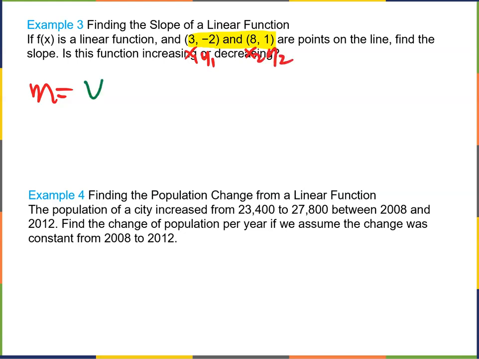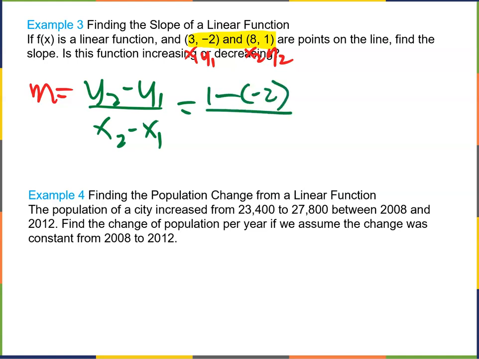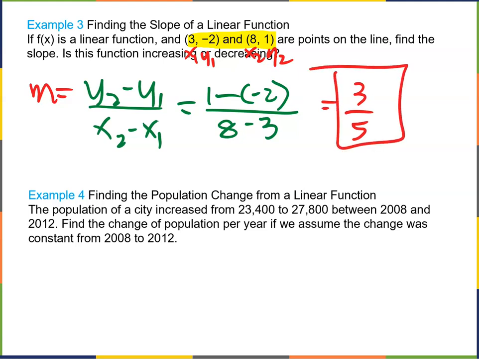So the formula is y2 minus y1 over x2 minus x1. So our y2 is 1 minus y1, -2, over x2 minus x1. 1 minus -2 is +3. 8 minus 3 is 5. So this is our slope. Or we could write it in decimal, 0.6. And since m is greater than 0, it is increasing.